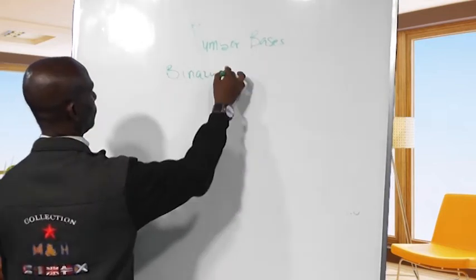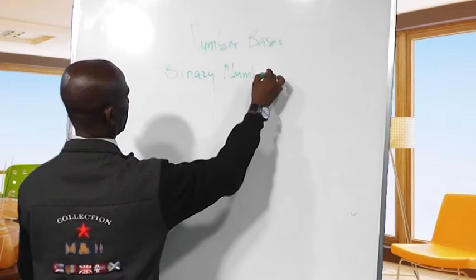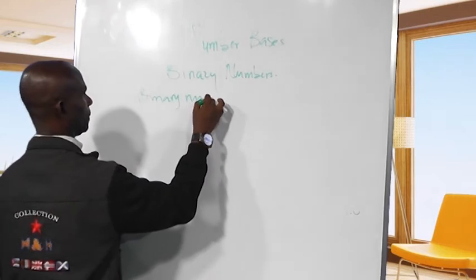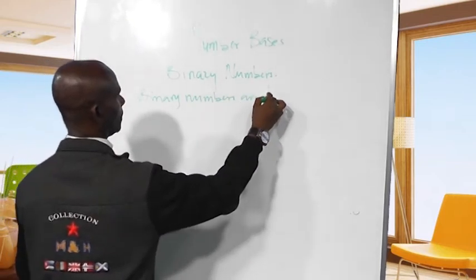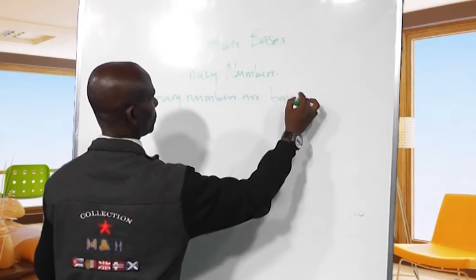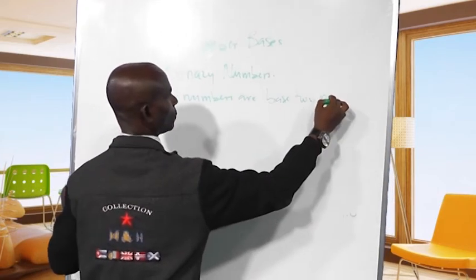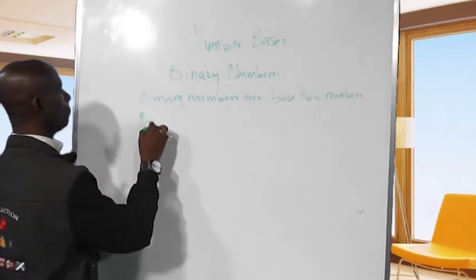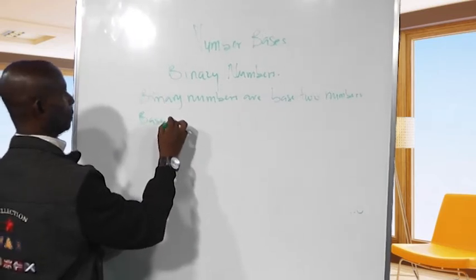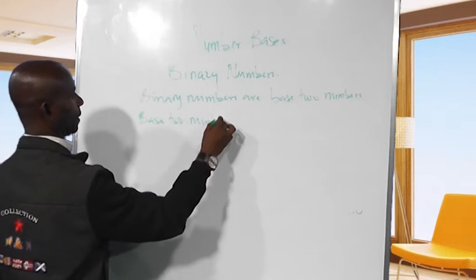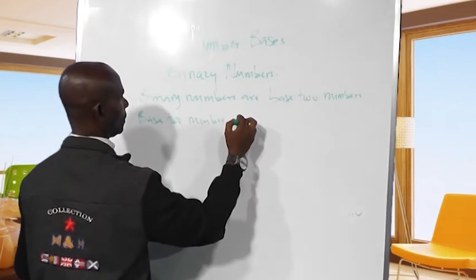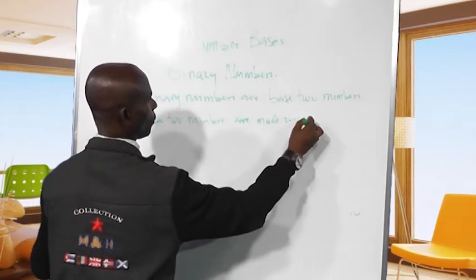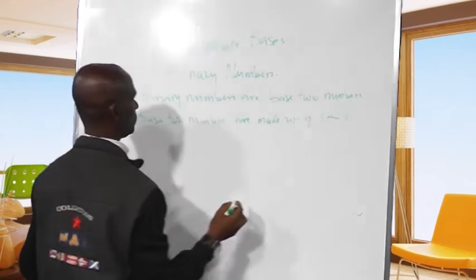Binary numbers are base 2 numbers. Base 2 numbers are made up of 1 and 0.